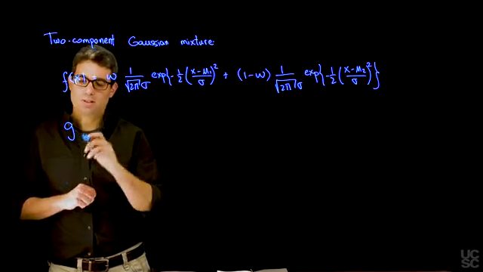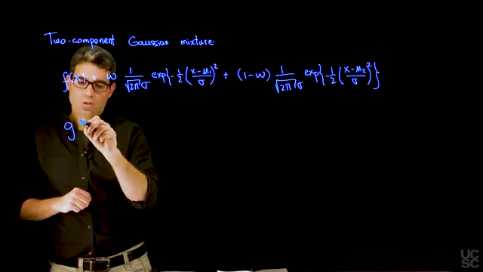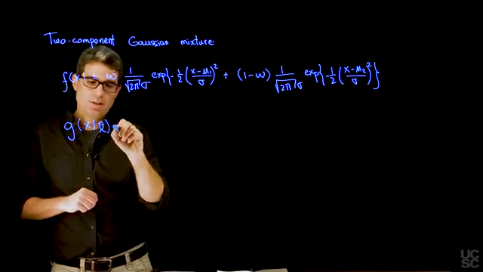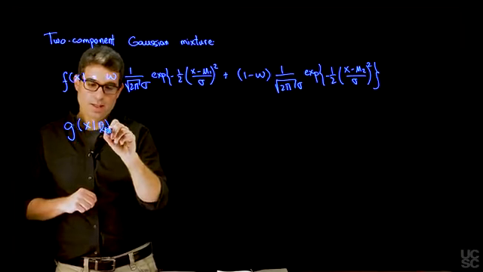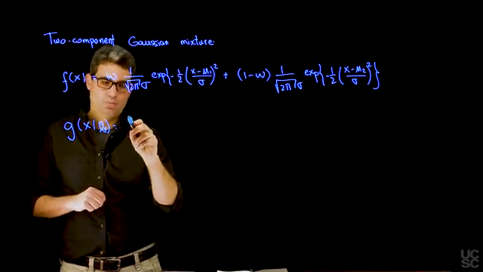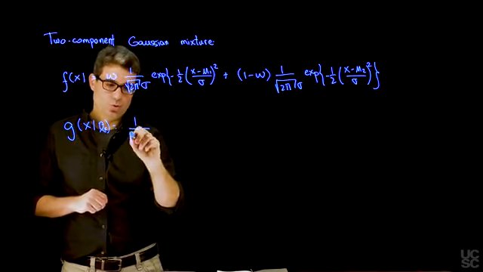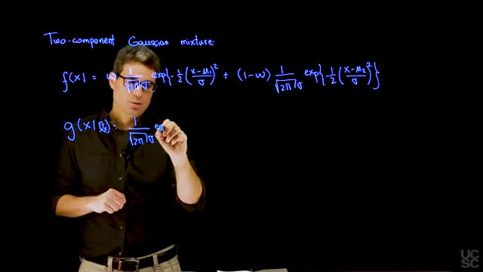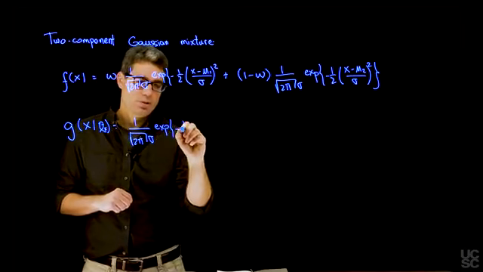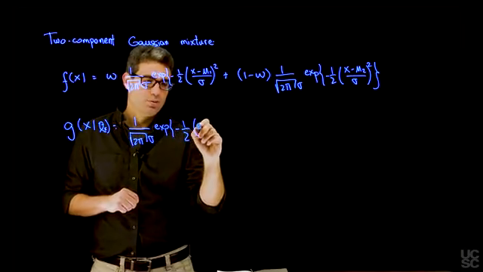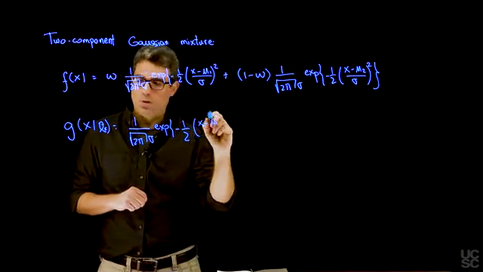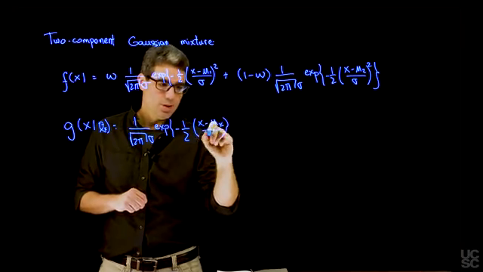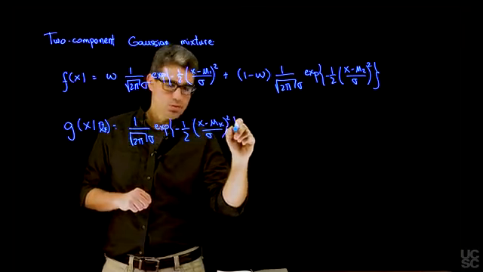And if we think about it in terms of the notation that we had been using before, then what we're doing here is essentially saying that our g of x given theta k takes the form 1 over the square root 2 pi sigma exp minus 1/2 x minus mu k divided by sigma square.